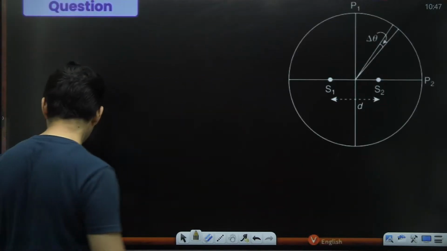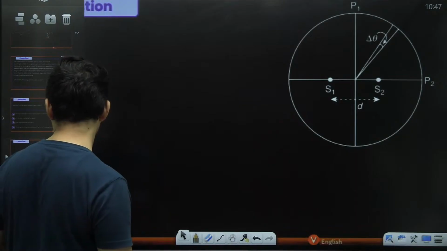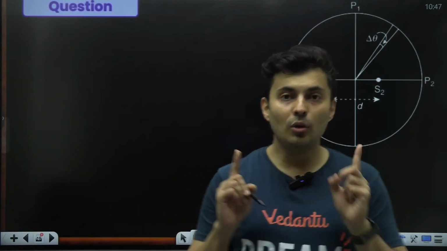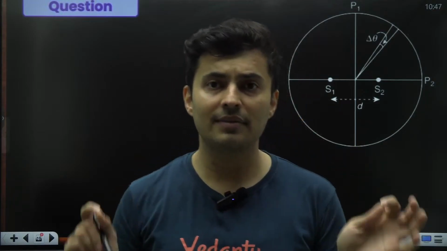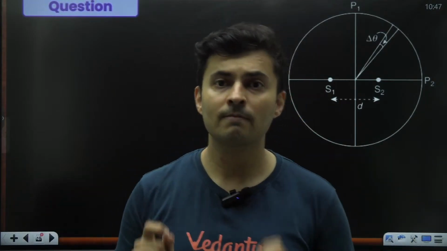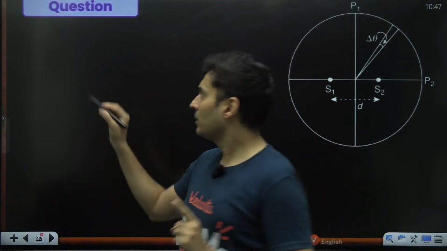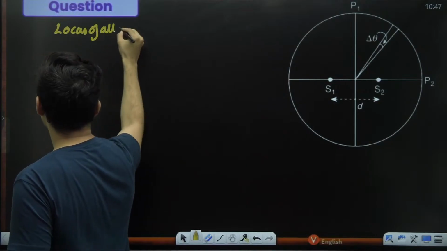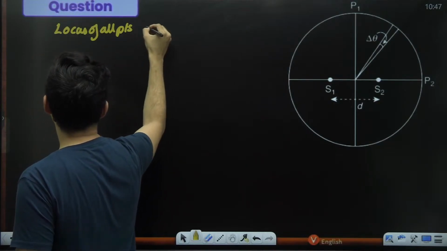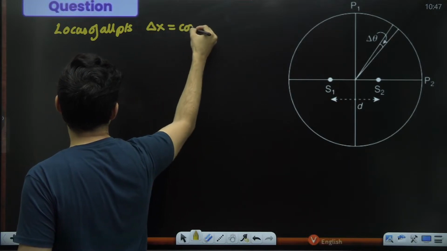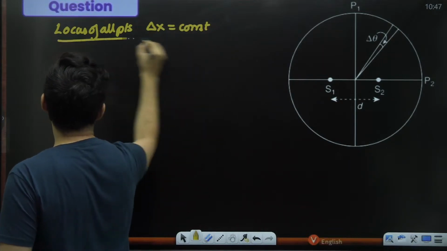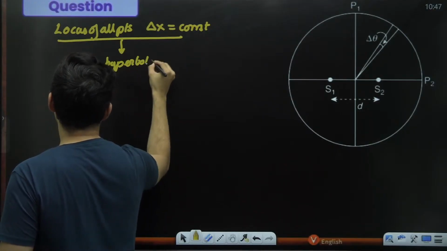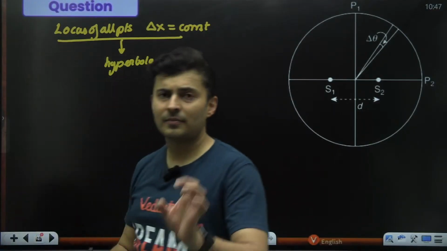Now, I'll tell you what exactly happens in these types of questions. Remember the theory that the locus of all the points where the phase difference is constant is a hyperbola. Whenever you find the locus of all the points with path difference constant, that is basically a hyperbola.